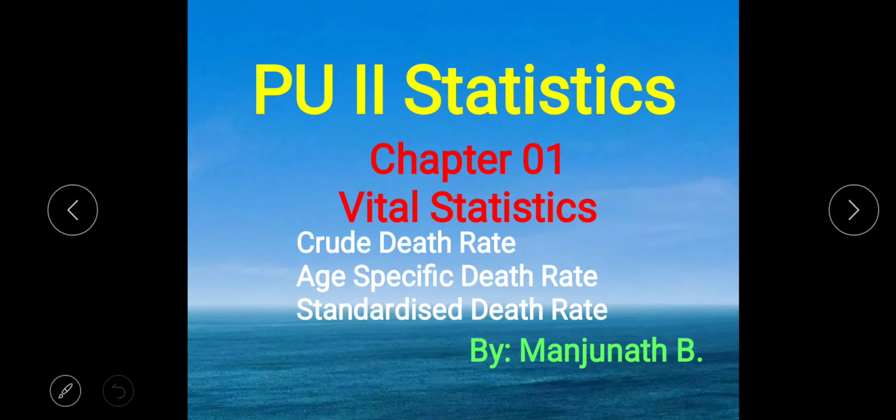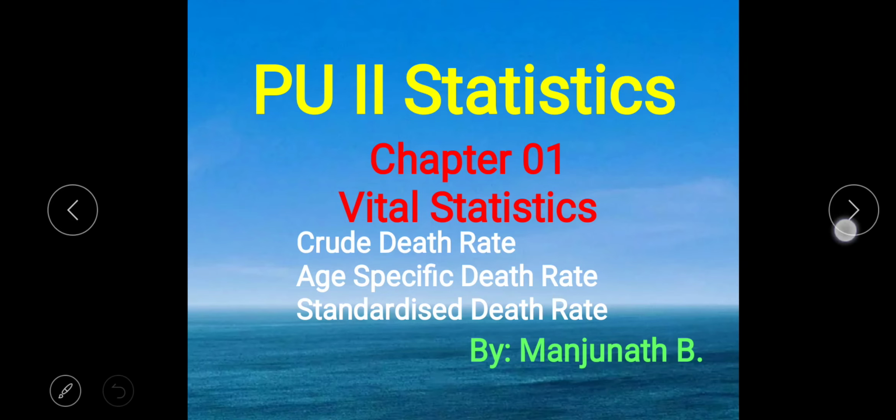The reproduction rate tells whether the population will increase or decrease in future, that is, the growth of the population. And when birth comes, death is also sure in human life. So let us now discuss death rates, also called mortality and mortality rates.